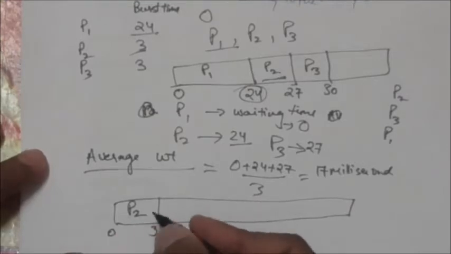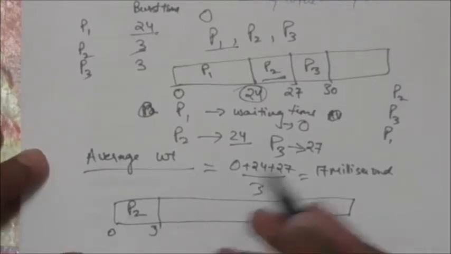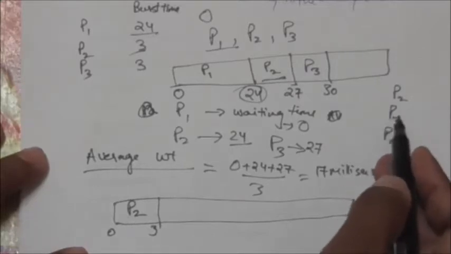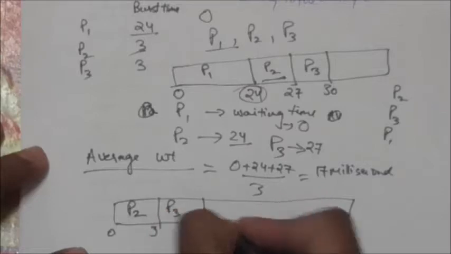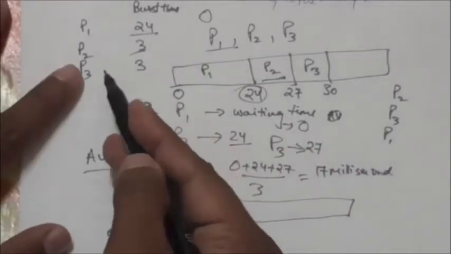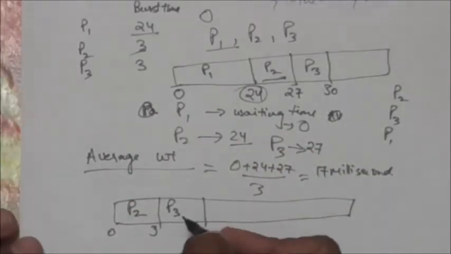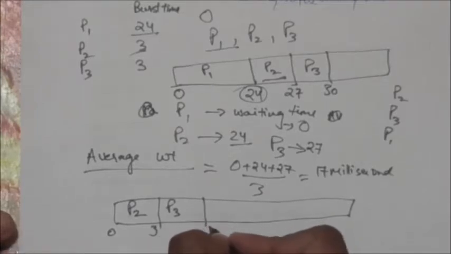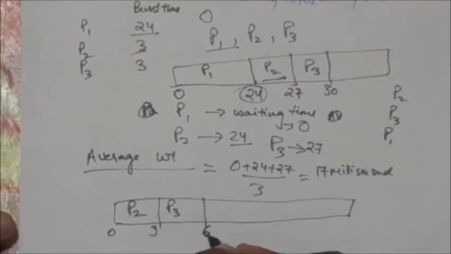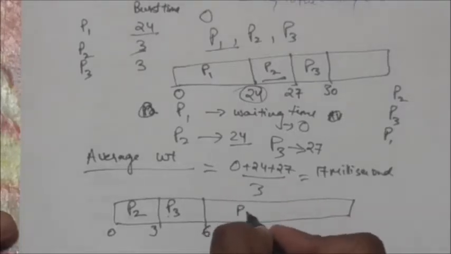After 3 milliseconds, process P2 will release the CPU, and then the CPU is allocated to process P3. The burst time of process P3 is also 3, so the CPU is allocated to process P3 for 3 milliseconds. Then at time 6, P3 will release the CPU, and after that the CPU will be allocated to process P1.